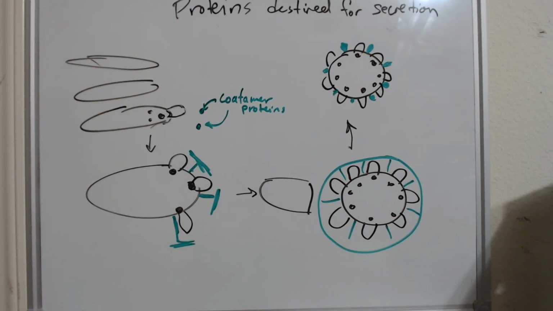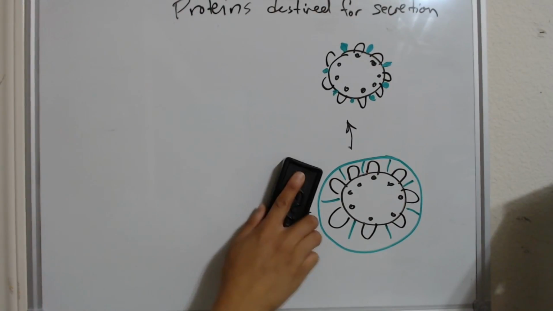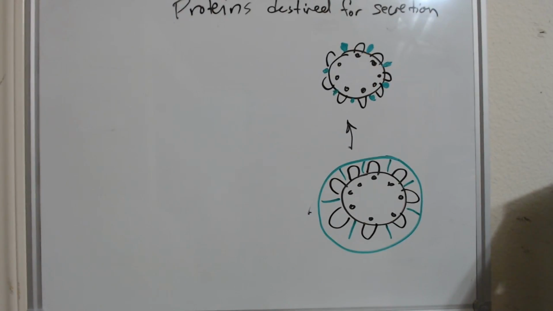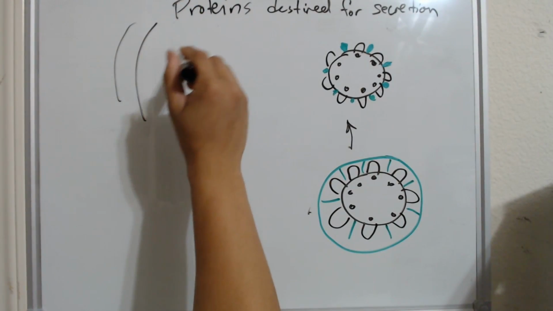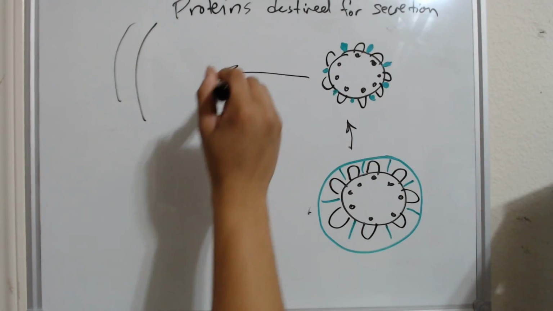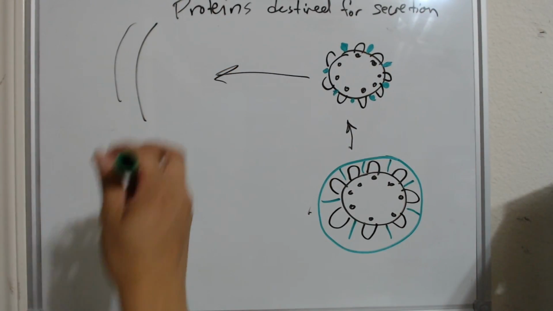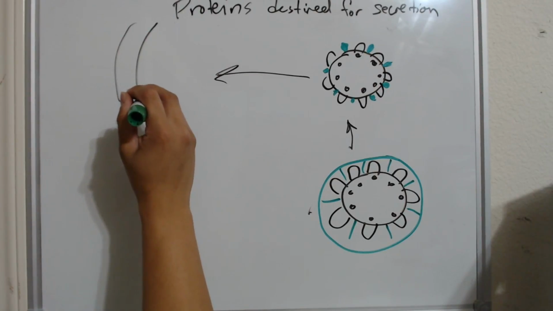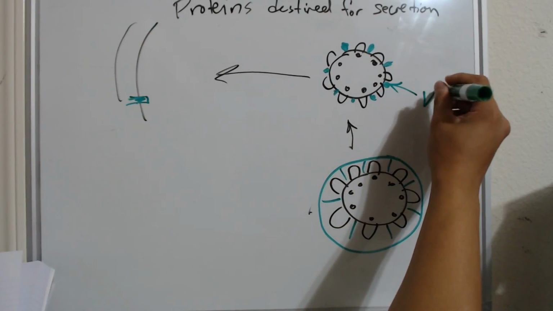Now what happens is that the vesicle will travel to the plasma membrane. Let's say this is the plasma membrane. Vesicle will travel here, and in the plasma membrane there is a receptor for the V snare.